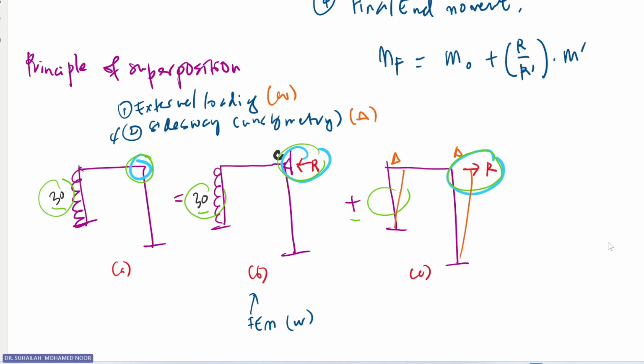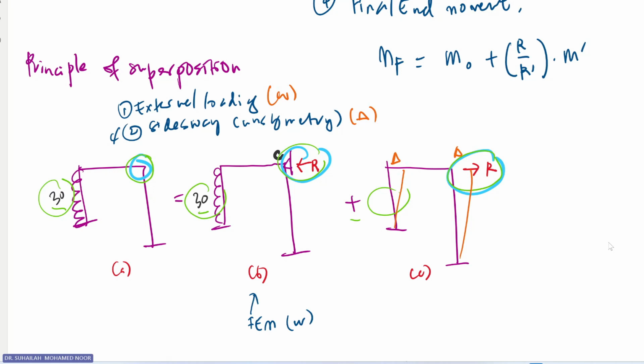So we put the artificial support at point C. By putting that support, there will be a horizontal reaction that we call the restraining force R. By having this pin and the restraining force, the frame in diagram B is now a properly restrained frame.